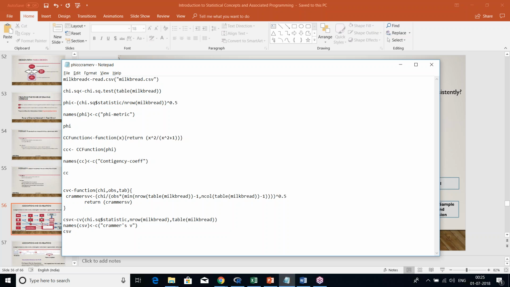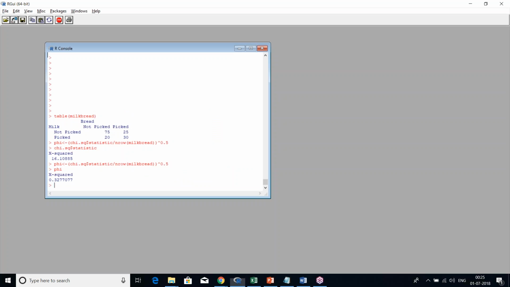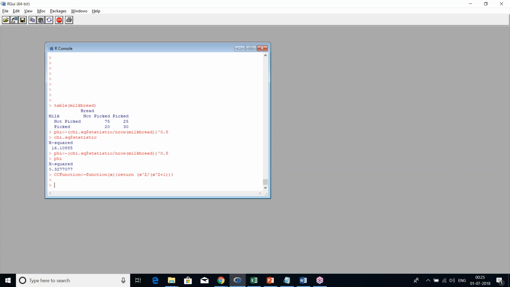We are defining a custom function that we need to write in R. The function will take an input parameter and return phi squared divided by phi squared plus 1.